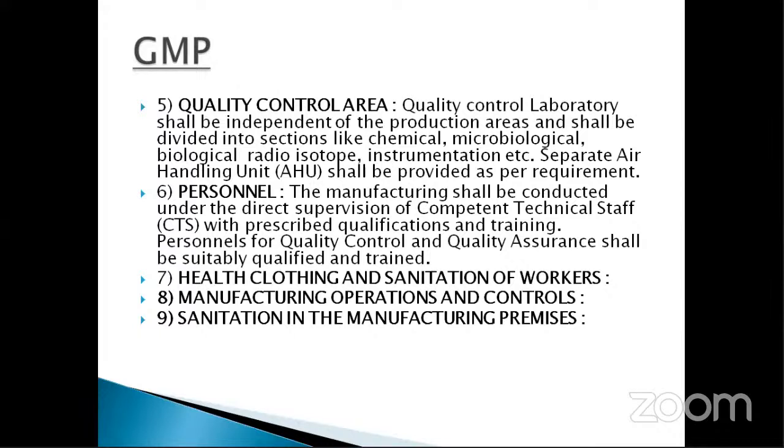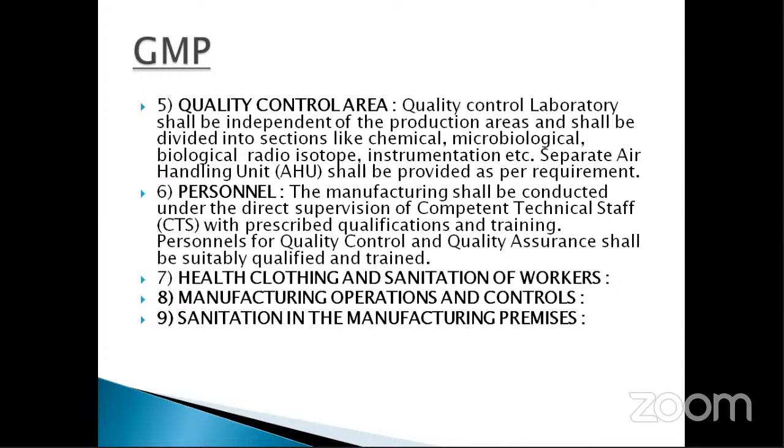The quality control area of a pharmaceutical manufacturing unit should have a separate air handling unit. I will discuss the air handling unit in some detail when we go to the injectable sections. So the air handling unit, which is commonly termed as AHU, you have to know these terms and abbreviations also, such that wherever you go, if you face an interview question, what is AHU?